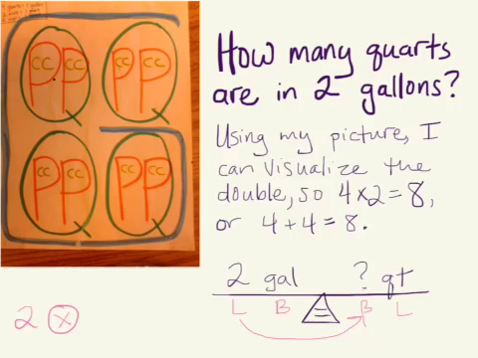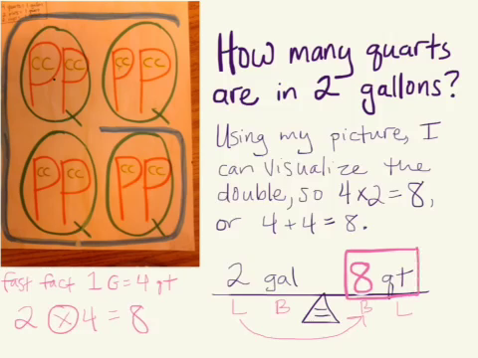So we need our fast fact. Our fast fact is that 1 gallon equals 4 quarts. So 2 times 4 equals 8. So our answer here is 8 quarts.